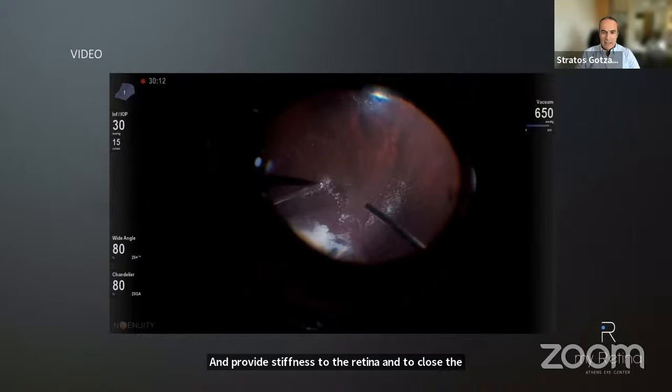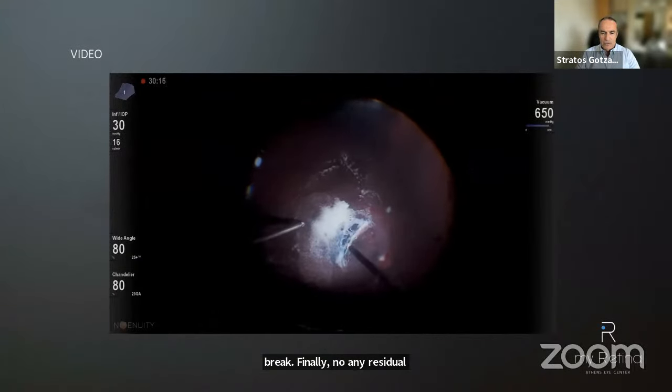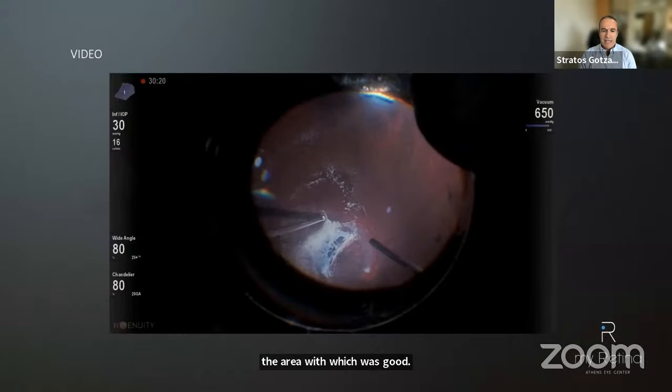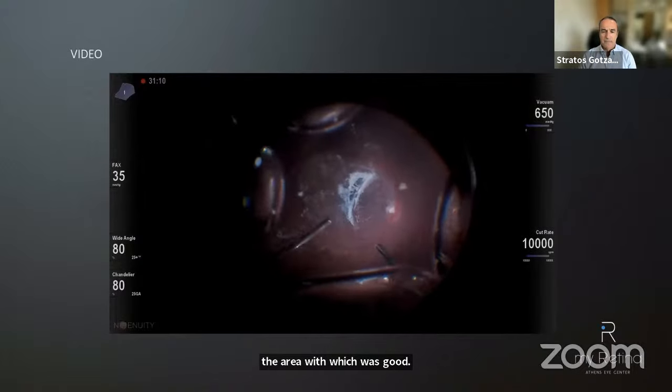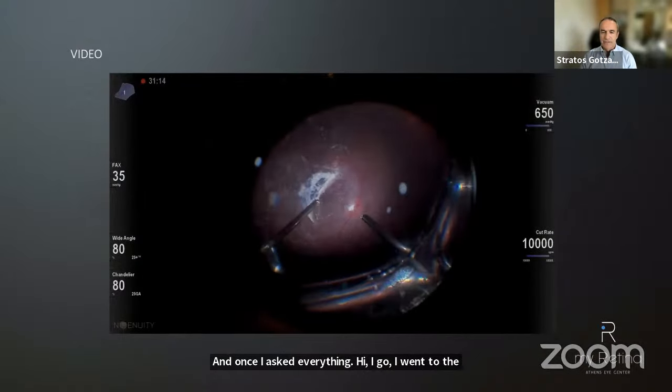Finally, no residual vitreous remained on the area, which was good. And once I aspirated everything, I went to the fluid air exchange.